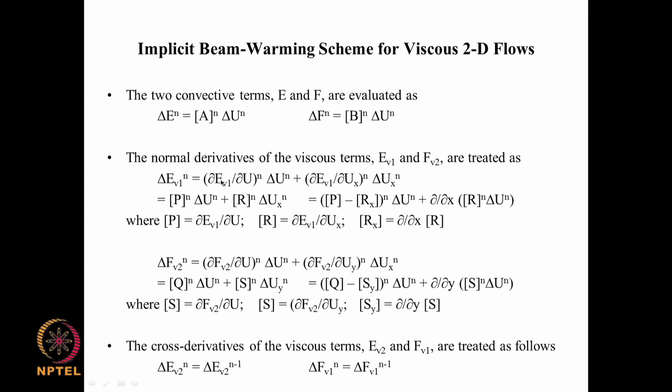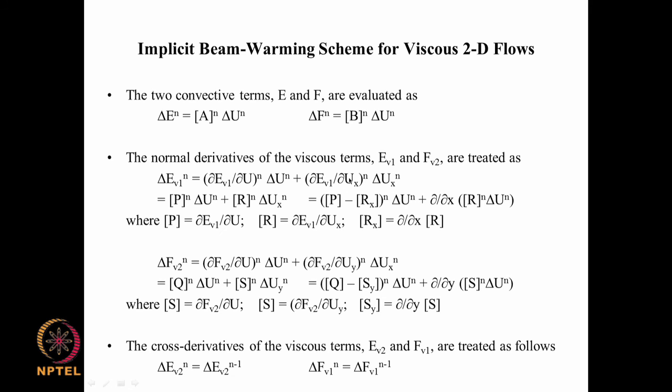So, you have dou e v1 by dou u at nth time step. This is the lagged nonlinearity and coupling of this part which depends on u, and then you have dou f by dou u x times delta u x here, where x denotes the derivative with respect to x.